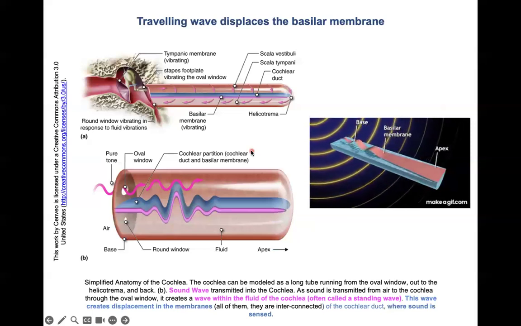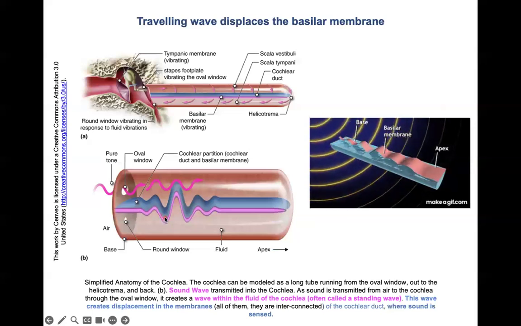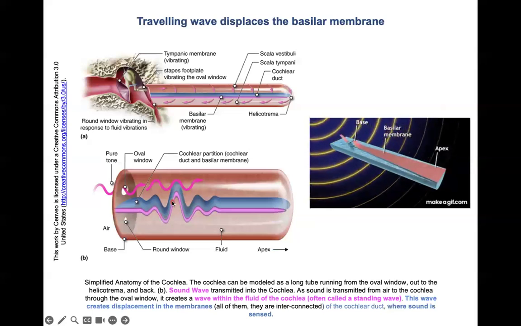As the sound wave reaches the inner ear, it also reaches the basilar membrane and causes displacement. So the basilar membrane is displaced. The sound wave has a given frequency. And as it reaches the basilar membrane, it generates a so-called traveling wave.